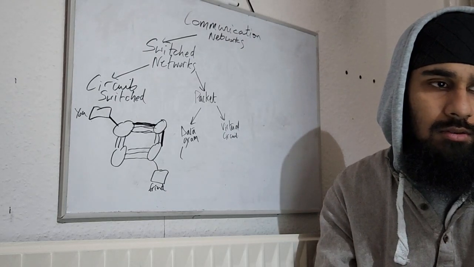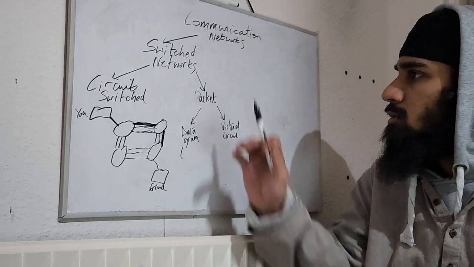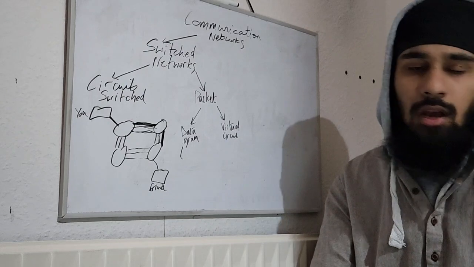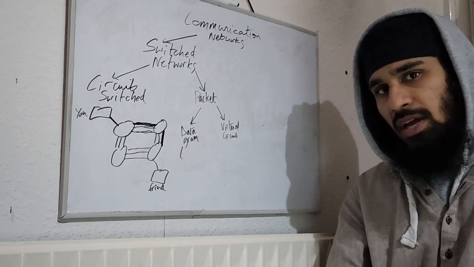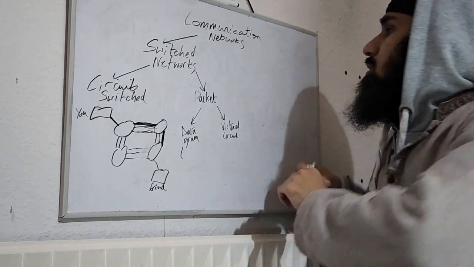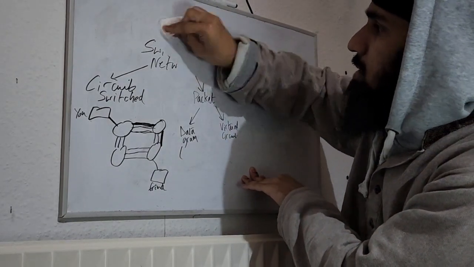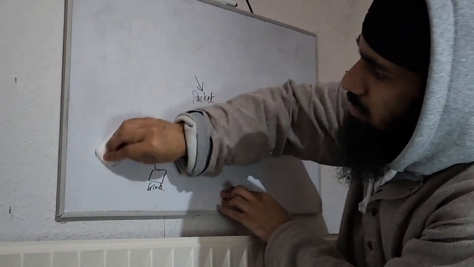Now let's look at delays. We have these packets going through, and there are a lot of delays that they might face. There are downsides of using packets, but mostly packets are used.